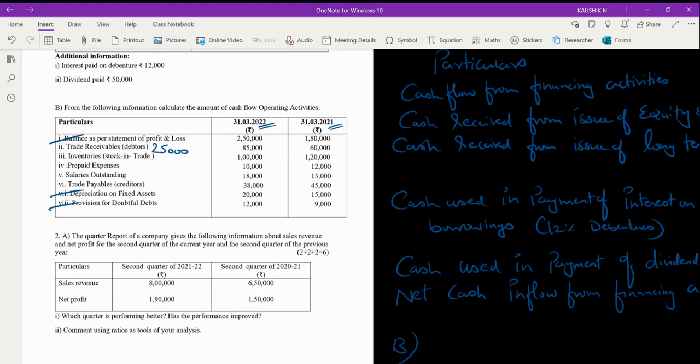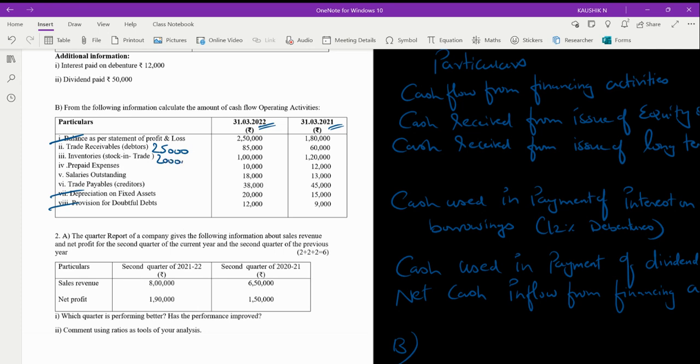And then there is one more thing, inventories. There is stock in trade of 1 lakh rupees in the current year and in the previous year it is 1 lakh 20. Decrease in current asset should be added or subtracted? The decrease in current asset value is 20,000 rupees.